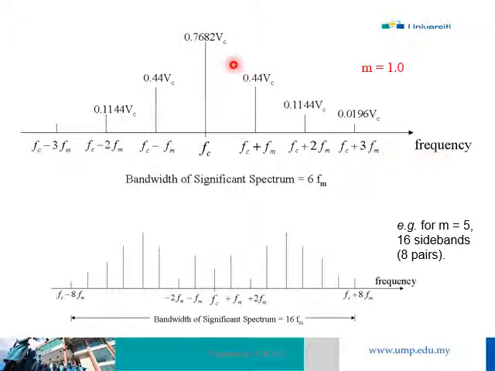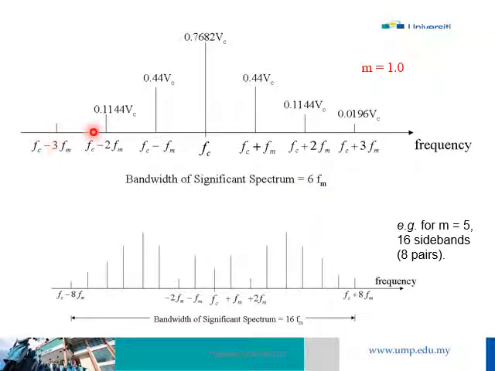So this value we can get from the Bessel table. At modulation index equal to 1, we have these values for the sidebands, and this value for the carrier, or J0. From this, we can say that the bandwidth of significant spectrum is equal to 6 Fm. How?